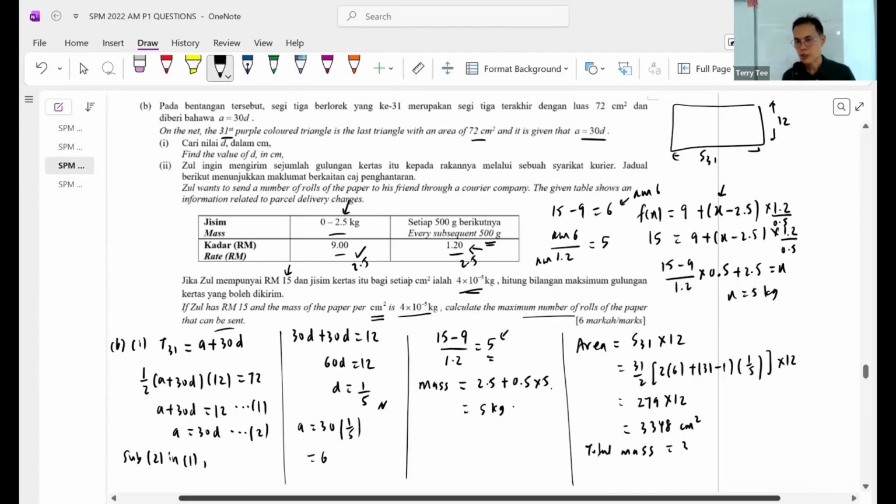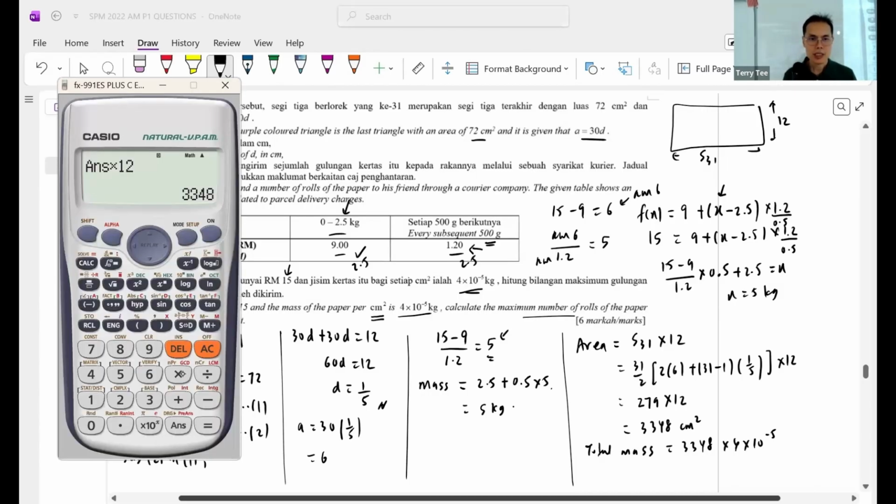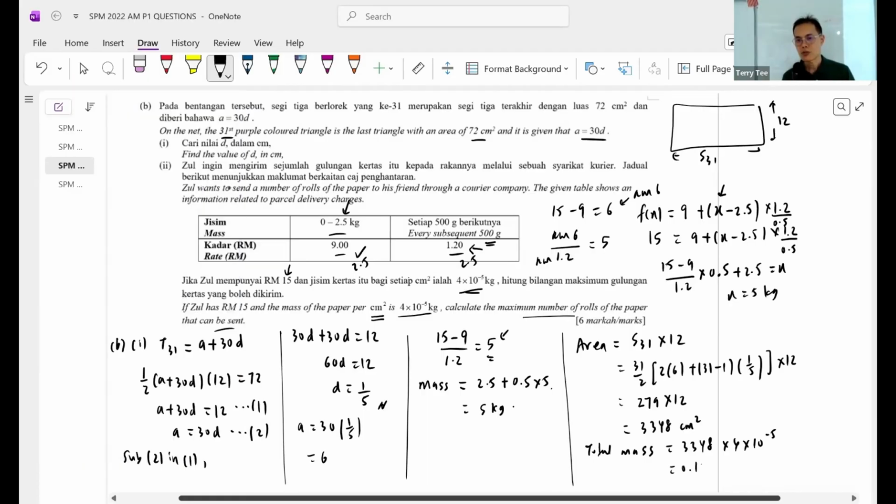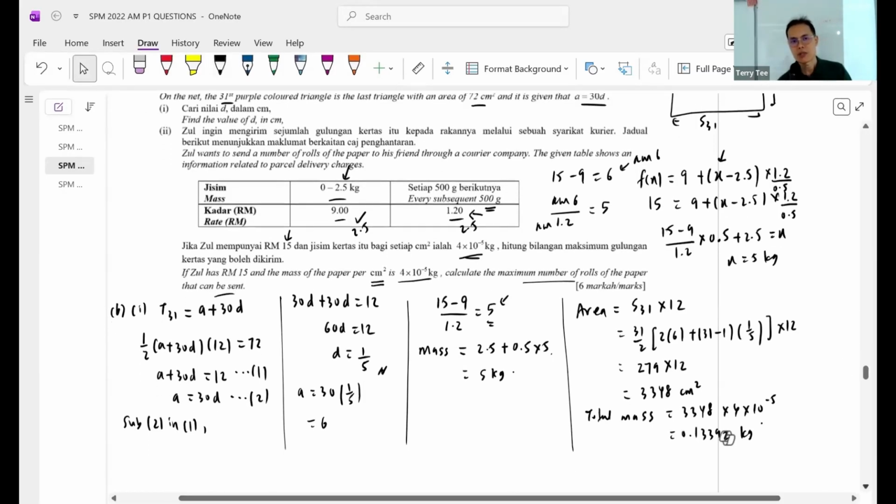Total mass will be 3348 times 4 times 10 power negative 5. So take this times 4 times 10 power negative 5. This will be 0.13392 kg. So one roll has this weight, or 134 gram if you like.